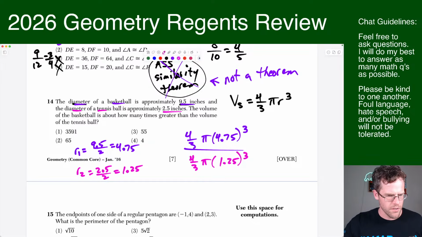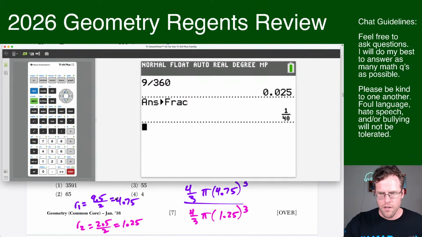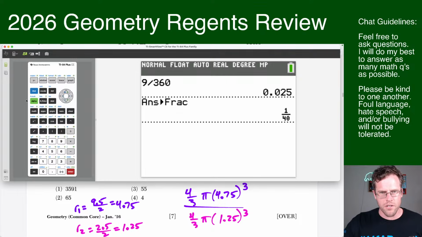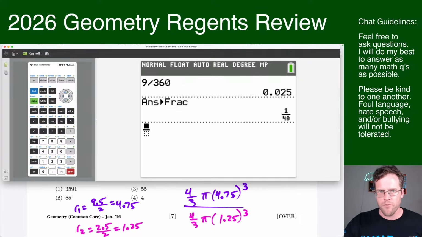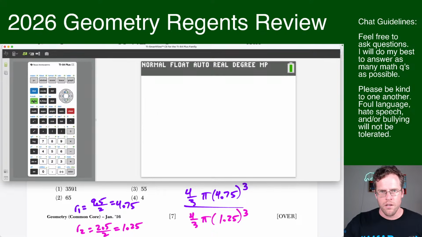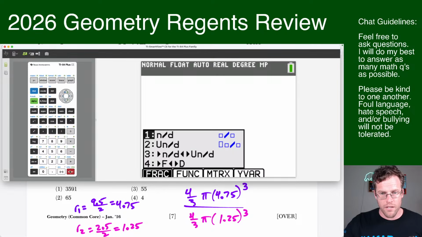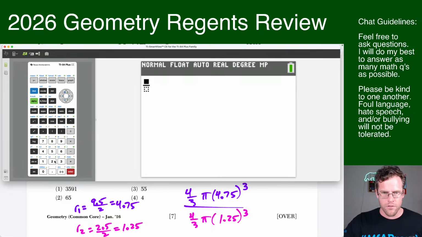So let me get the calculator. To make a fraction, please do this on the Regents: alpha y equals enter. If you have the TI-84 Plus, the Python one, you press alpha x. But alpha y equals enter is very useful, so please know it.